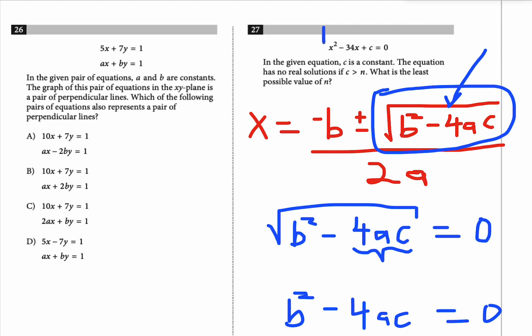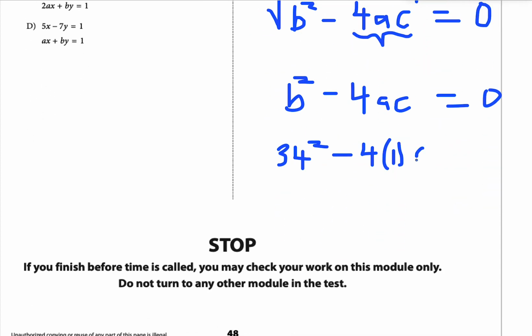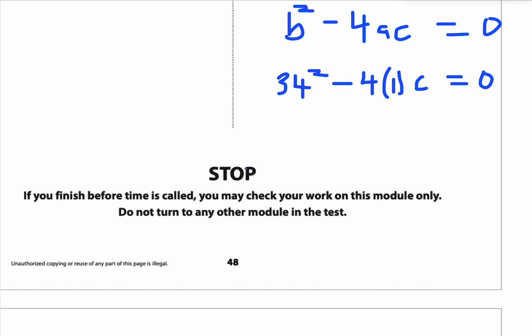Whatever coefficient is on the x squared is a, the coefficient on the x is b, and then we have c. We set all this equal to 0 as before. 34 squared is 1156, then we have 4c, set equal to 0.